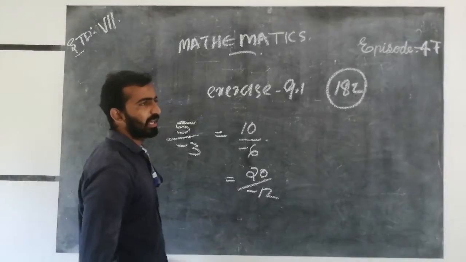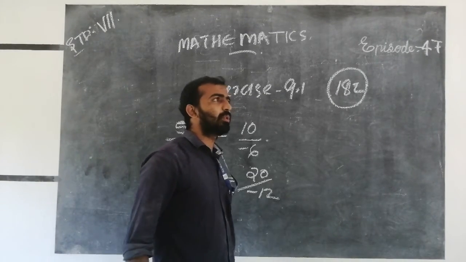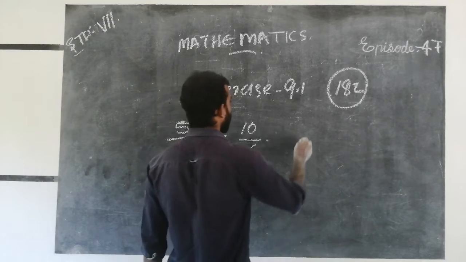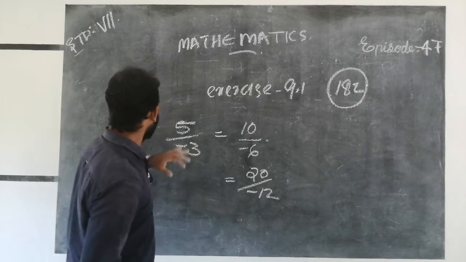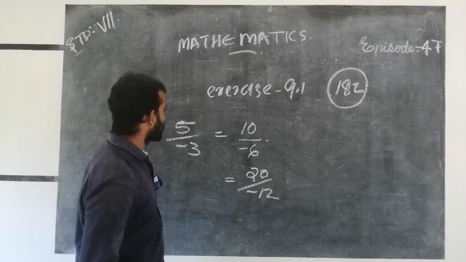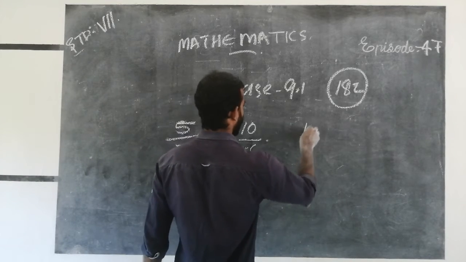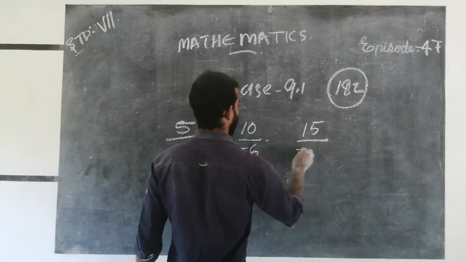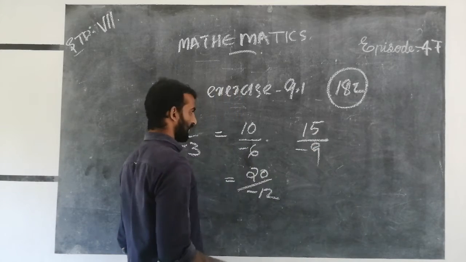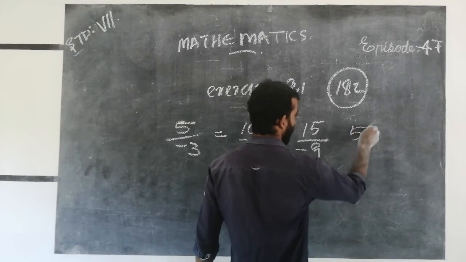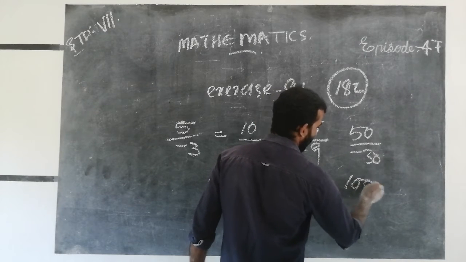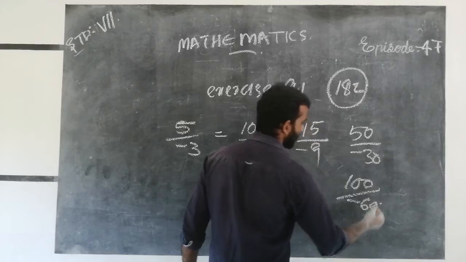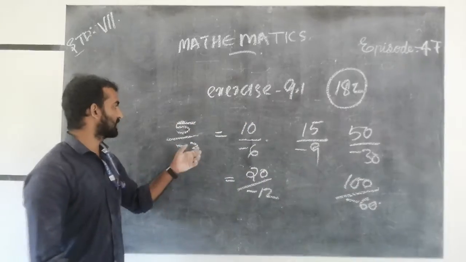As you like, you can multiply the same number in numerator and denominator, then you get the equivalent rational numbers. Next we take 3, 15 by negative 9, we take 10, that is 50 by negative 30, 100 by negative 60. These are equal rational numbers.